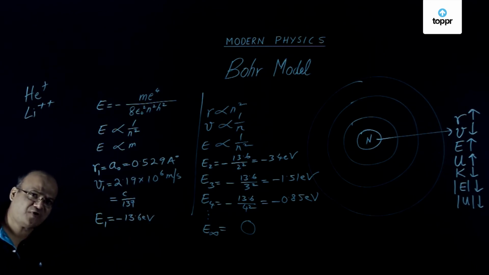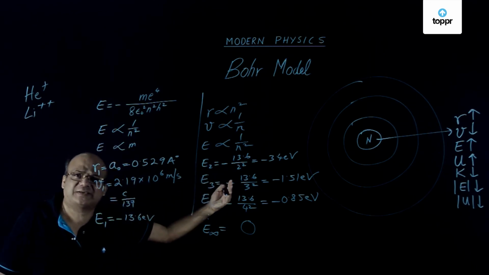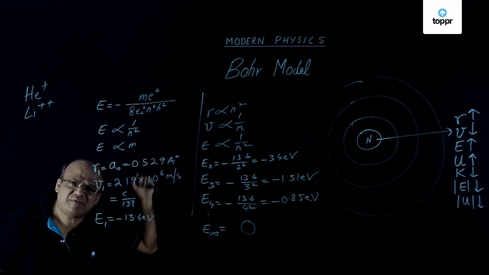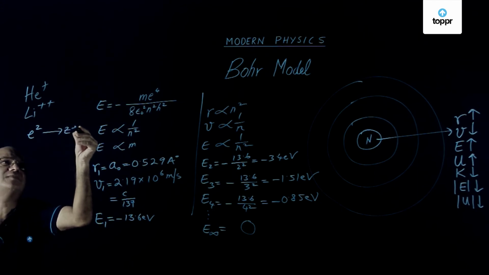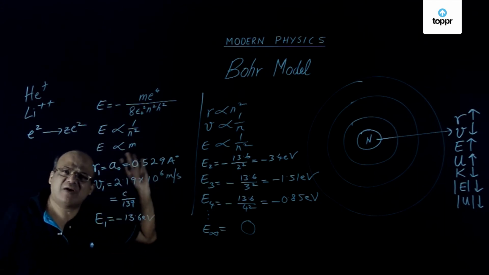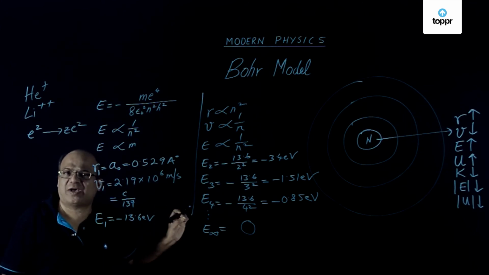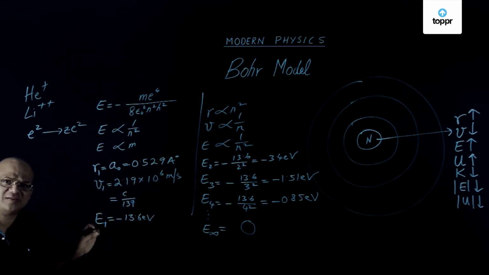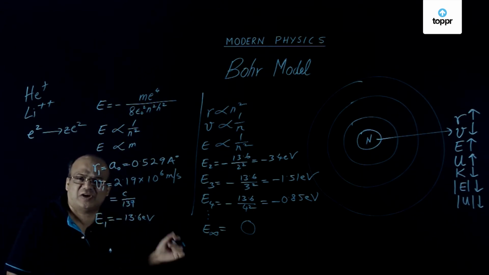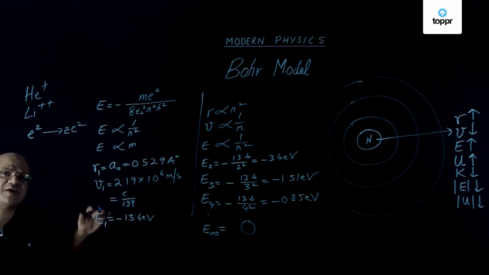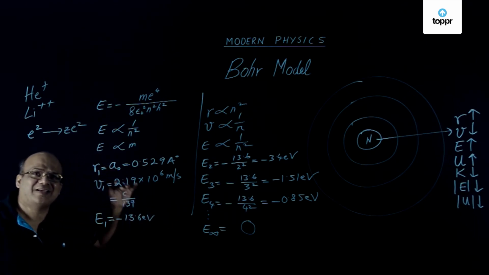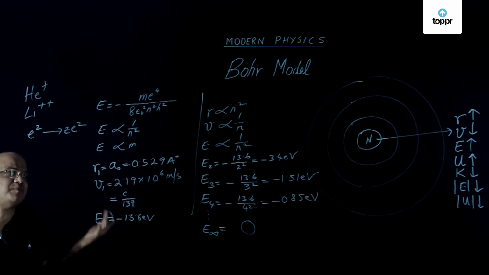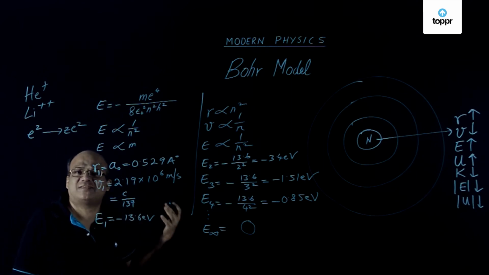So when you move from hydrogen to hydrogen-like, then in every formula replace e squared by Ze squared. That's all you remember. We had 1 by 4 pi epsilon naught e squared by r squared, so now that force formula will become 1 by 4 pi epsilon naught Ze squared by r squared. For kinetic energy we had m e to the power 4 by 8 epsilon naught squared n squared h squared.